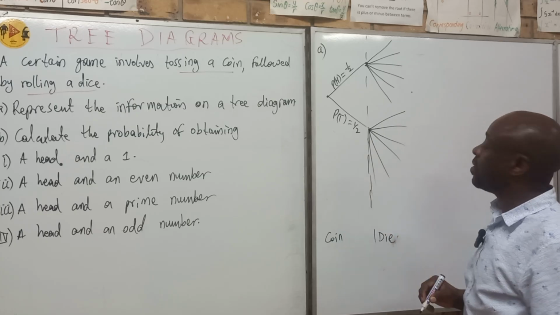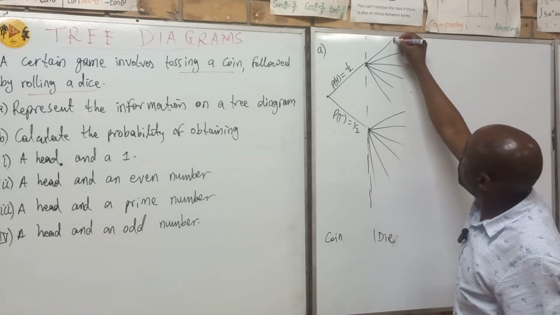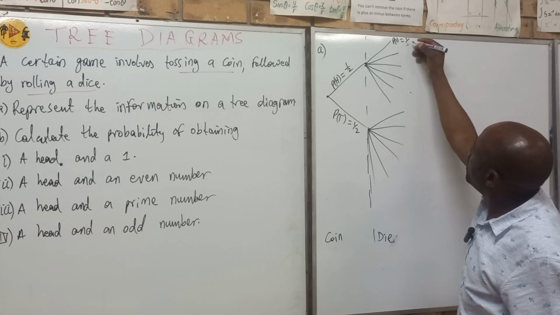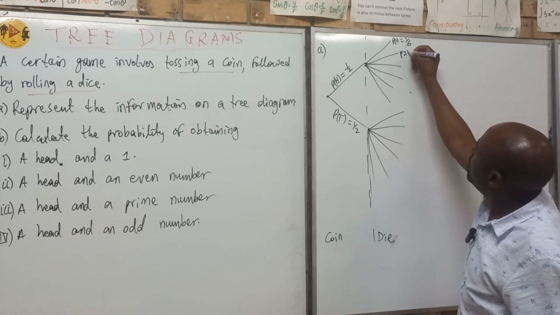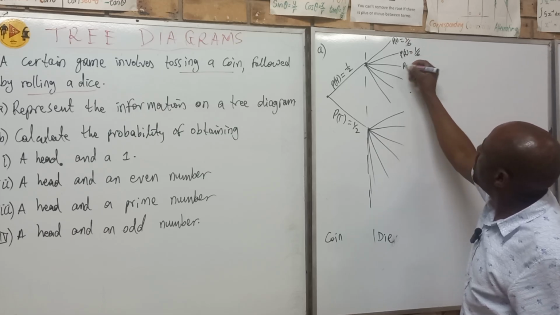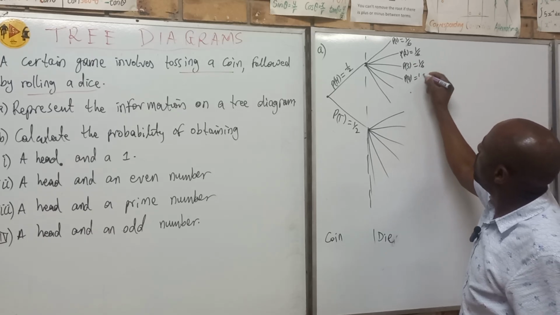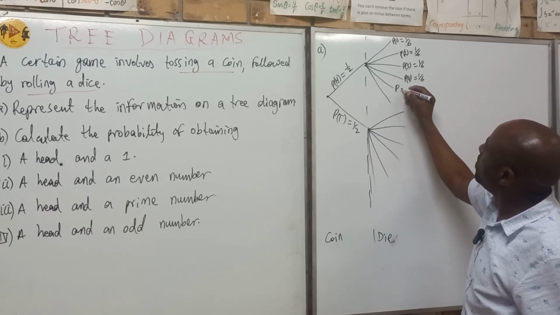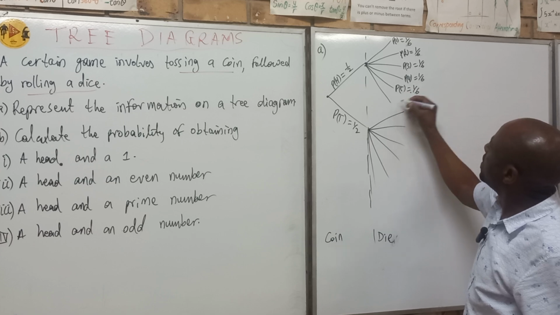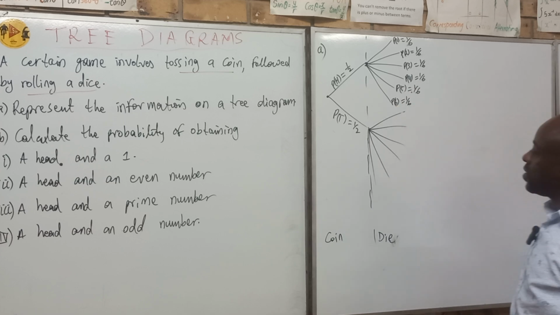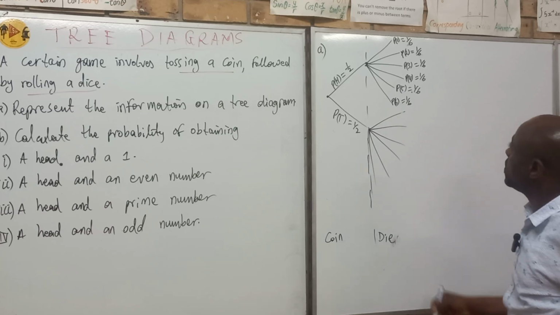So the probability of the 1 will be 1 over 6, the probability of the 2 will be 1 over 6, the 3 will be 1 over 6, the 4 will be 1 over 6, the 5 will be 1 over 6, and that of the 6 itself will be 1 over 6. So we must get all the 6 options.